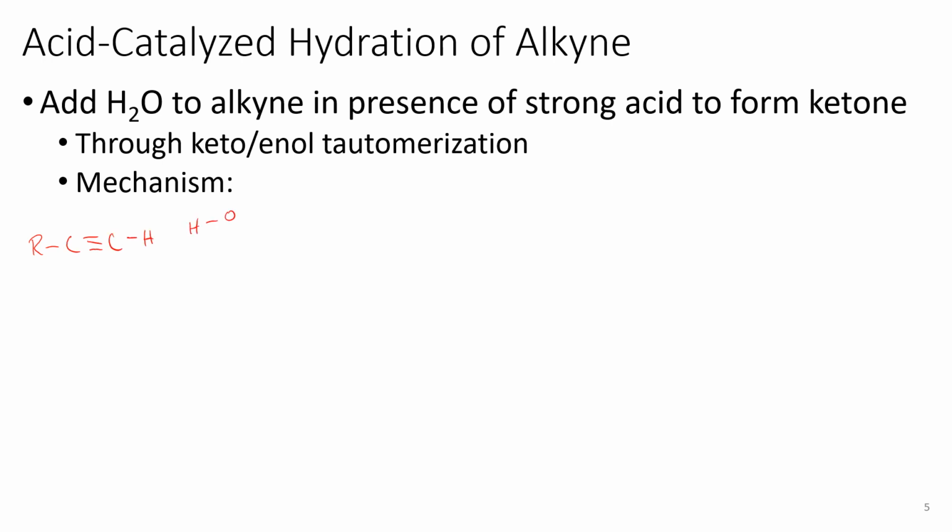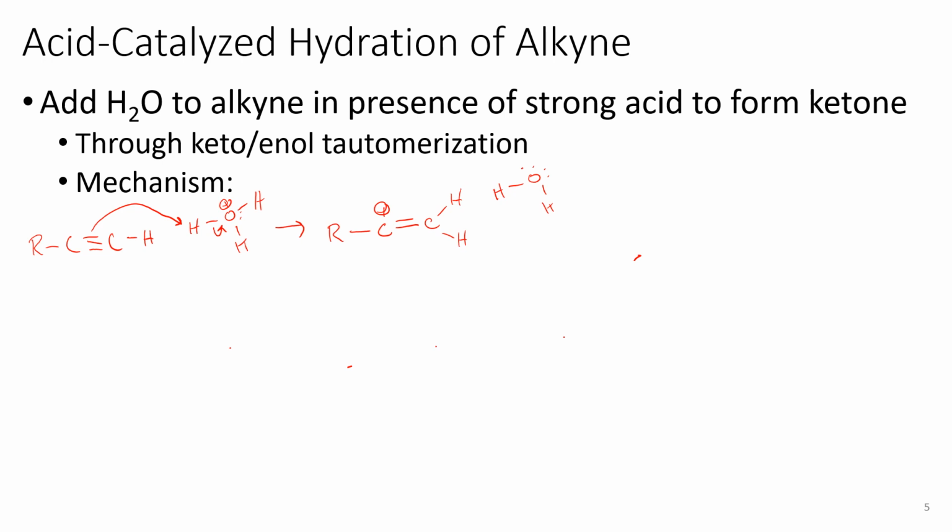So we have our alkyne, we have our acidic condition, so we have that H3O+. We're going to start off with that simple aspect of our mechanism once again, where the alkyne will attack the electrophilic acid, producing for us that vinylic carbocation and water.